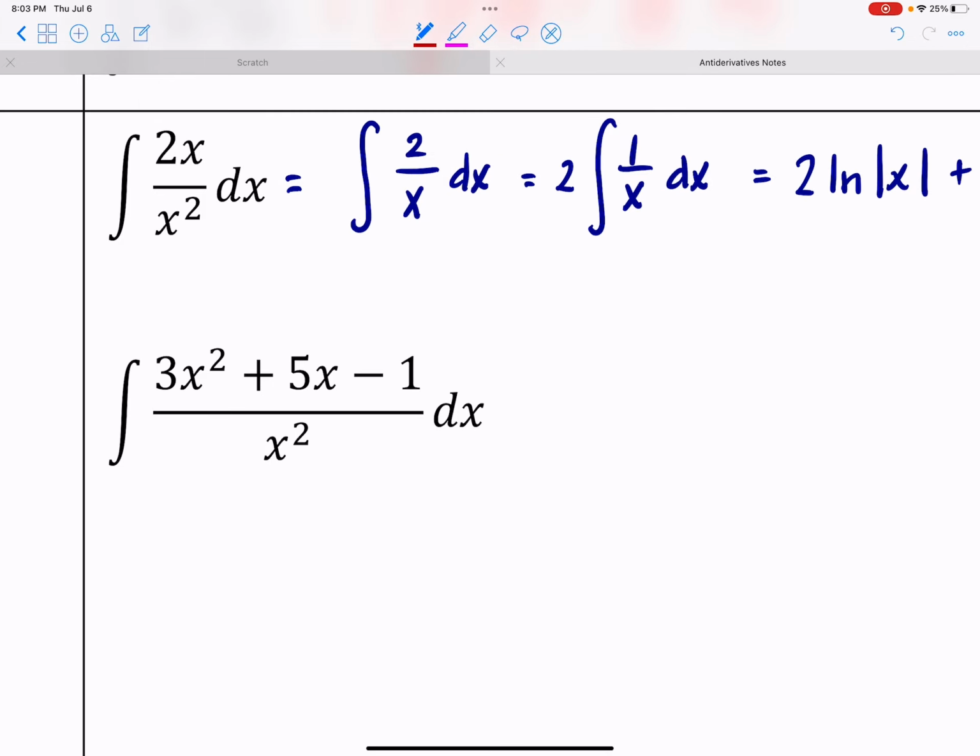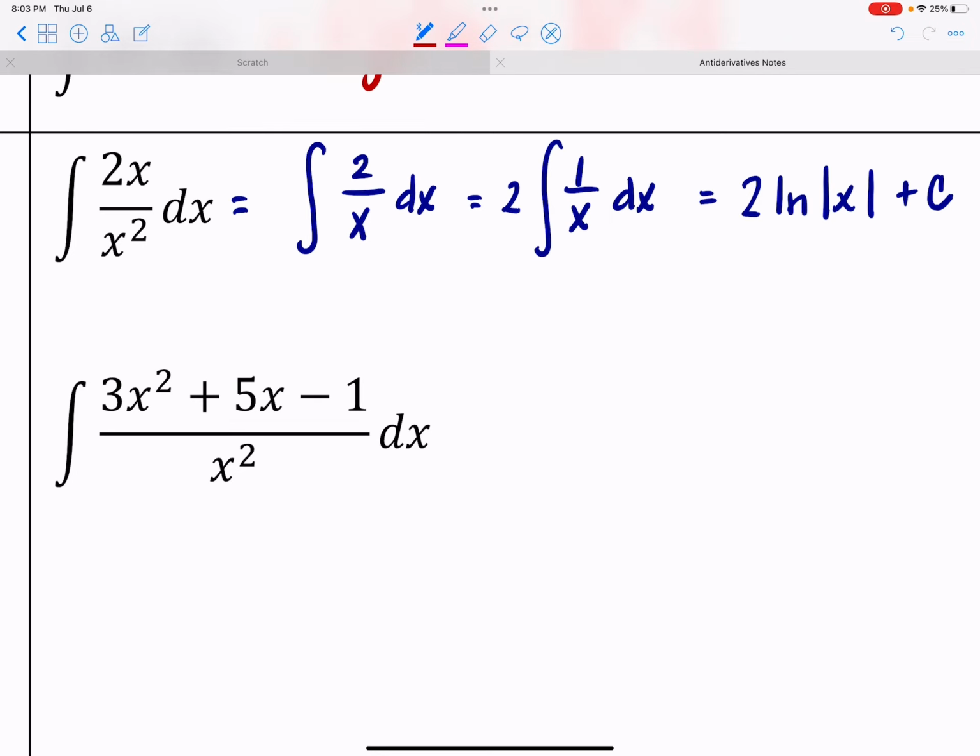I don't want to integrate all this mess of a fraction anyway, so I'm going to go ahead and divide all 3 of the terms in the numerator by the x squared. So if I divide, I end up rewriting my integral as, well, 3x squared divided by x squared would be 3, plus 5x doesn't divide by x squared, but just like this situation here, I can reduce a factor of x, so that would go and that would go, and that would leave me 5 over x.